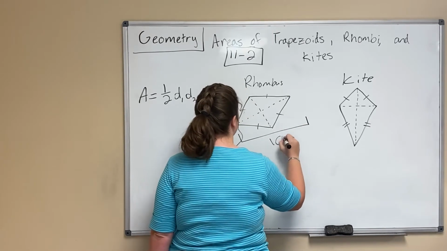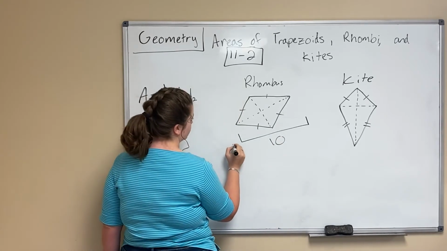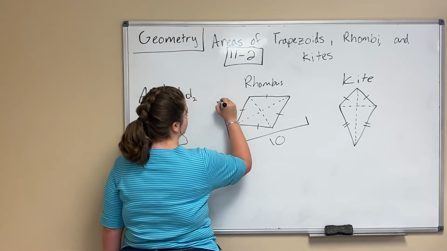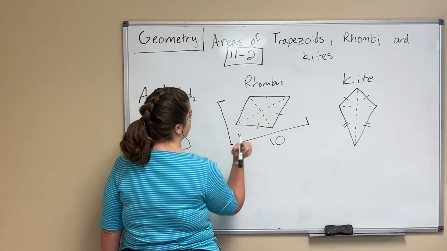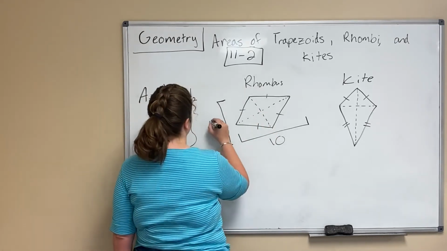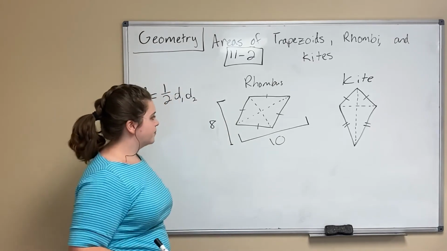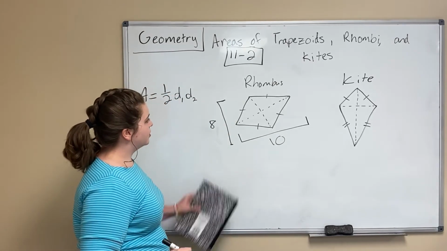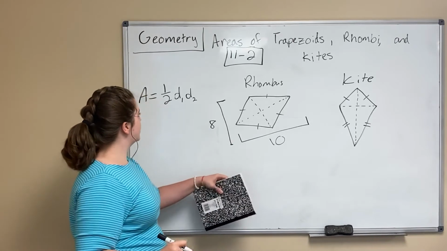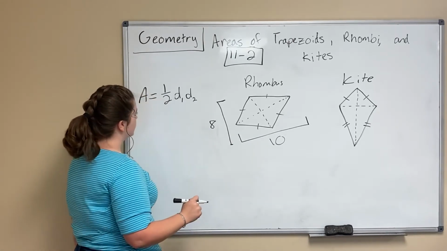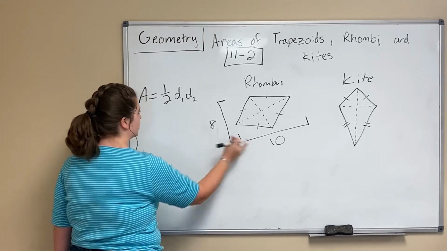So suppose I said that the diagonal of this rhombus here is, let's give it 10, and then this one going this way, this dotted one, it's a little smaller, let's say it's 8. So if this diagonal is 10 and this one is 8, we just take those numbers and plug them into this formula.